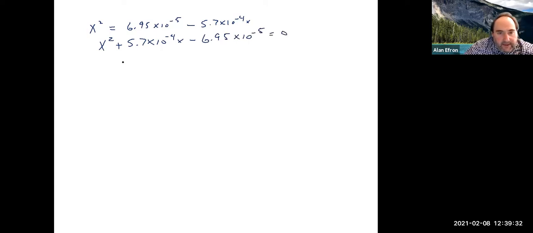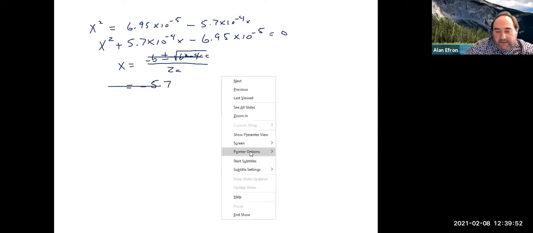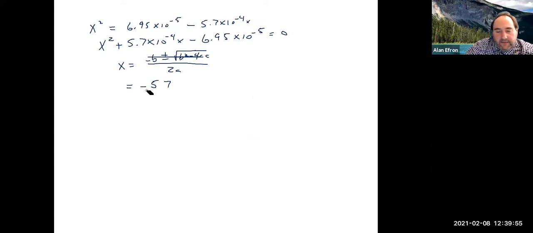That goes into our x is equal to minus b plus or minus the square root of b squared minus 4ac, divided by 2a. Just putting the numbers in there. That gives us minus 5.7 times 10 to the minus 4 plus or minus.